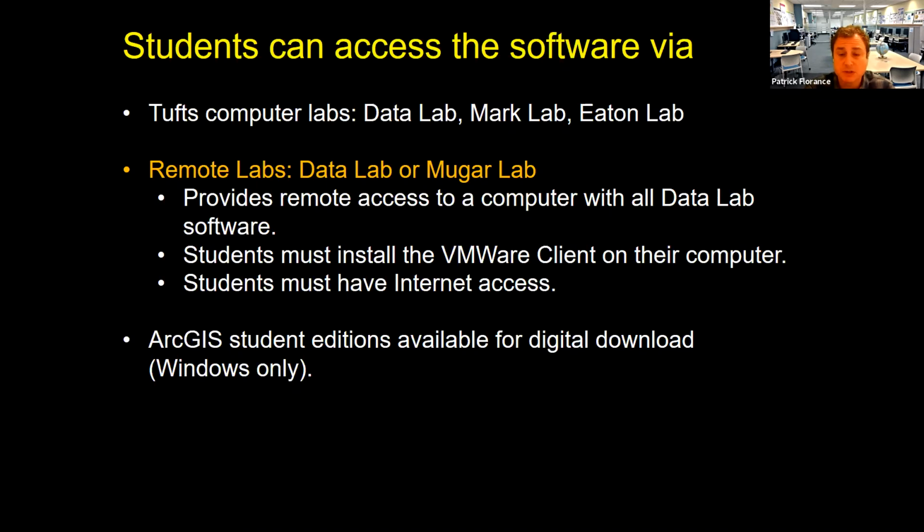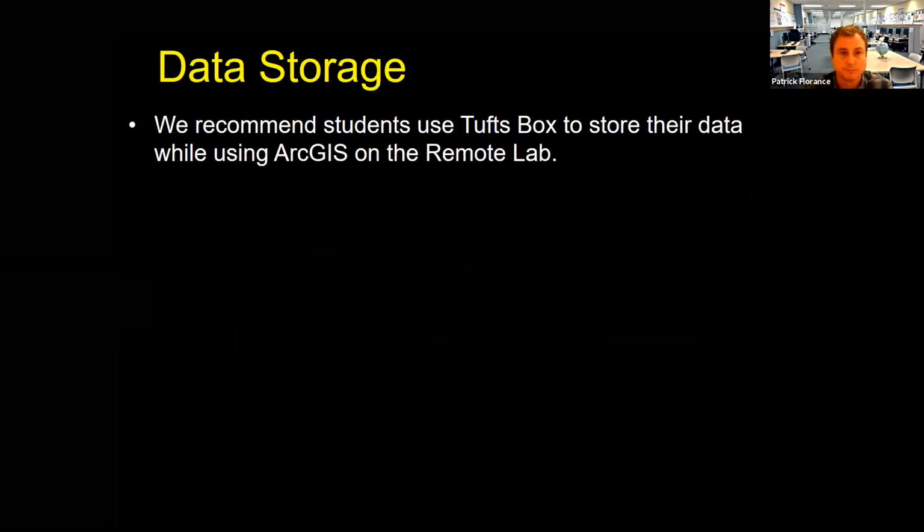The students must install the VMware client on their computer. It's a small client. Students also need to have internet access. And the software is also available if students want to install it on their own computer, provided they have a Windows computer. For storage, we use Box, very easy to use. We have tutorials on all of this, so students don't need to provide their own storage.